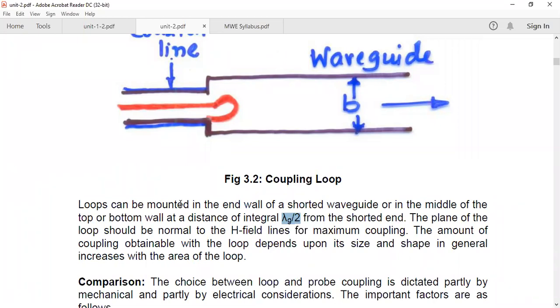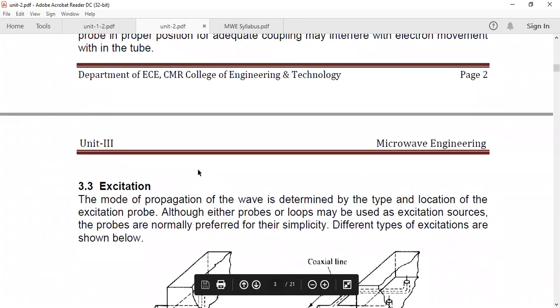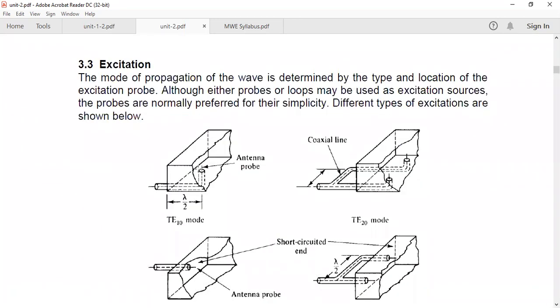In the same manner, loops we use at any edge of the microwave waveguide, where the distance from the short end is lambda g by 2, and the loops are parallel to the magnetic field lines in the waveguide. You need to remember these two couplings: probes and loops.